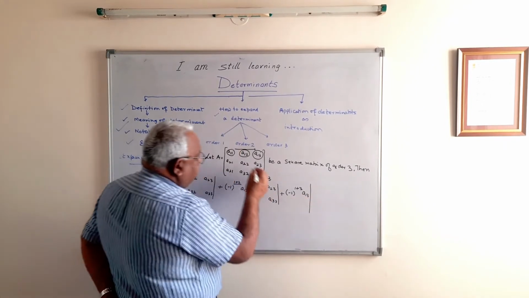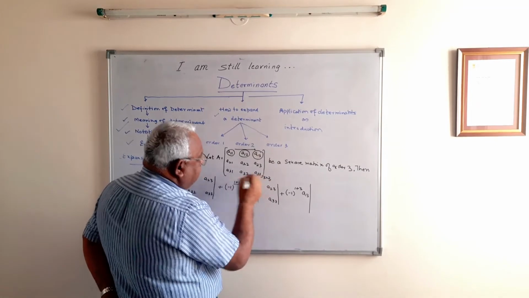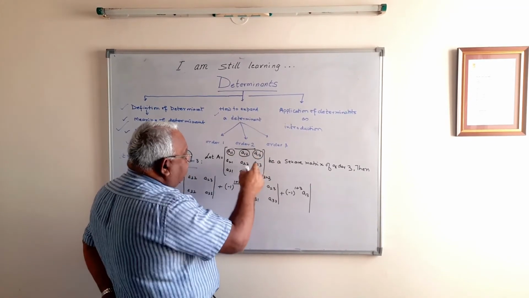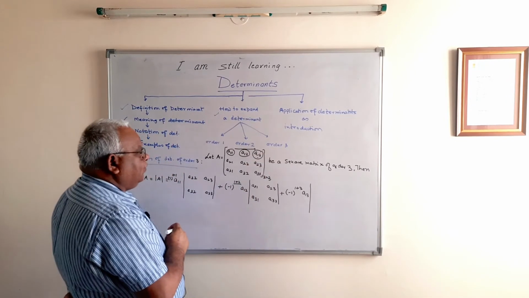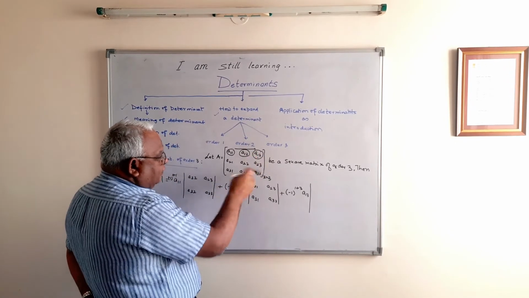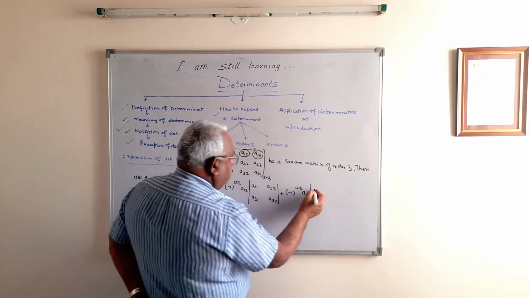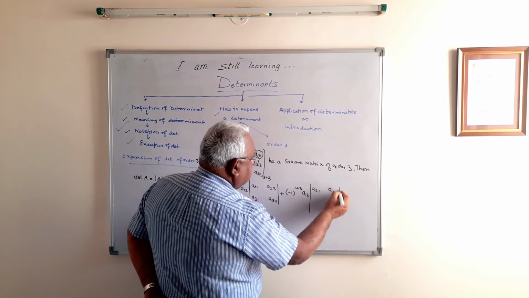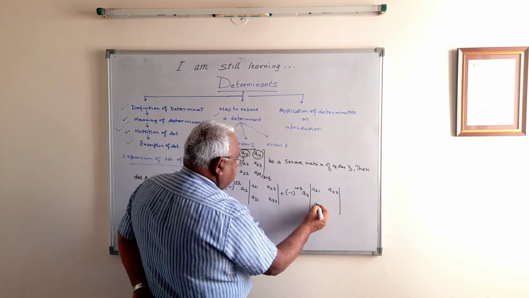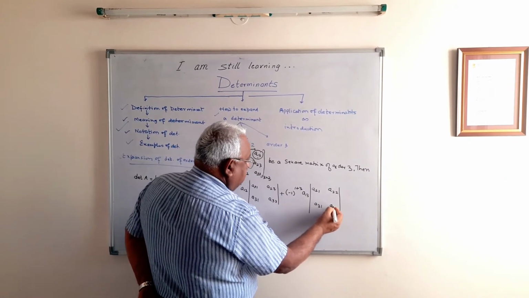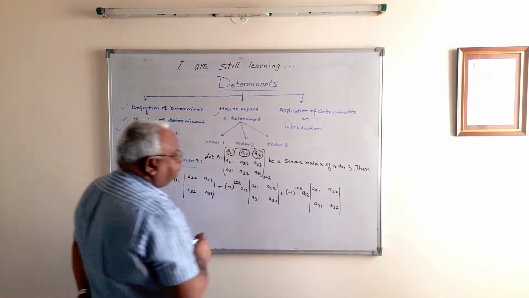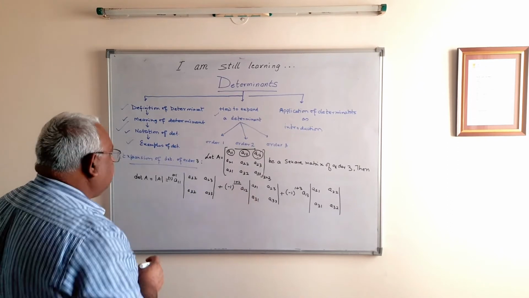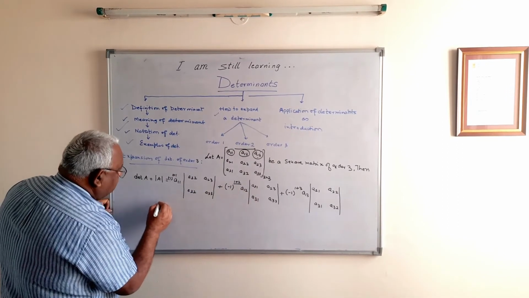Minus 1 to the power 1 plus 3. Now again first row and this column. You have to delete that row and that column to which the element belongs. So this row and this column is gone. So what you are looking at? A21, A22, A31, A32. And as I have explained to you how to expand this, you can do it.